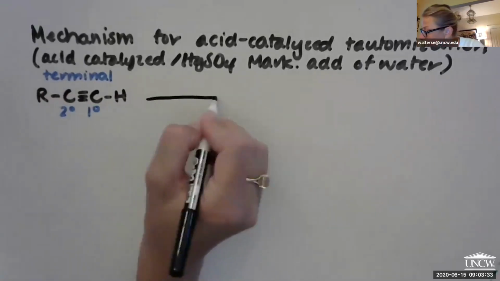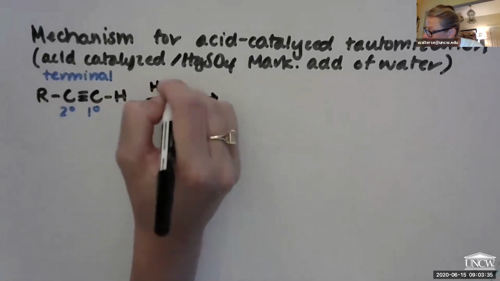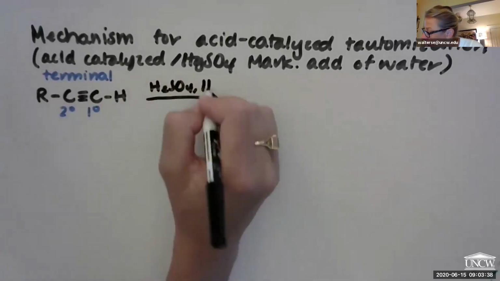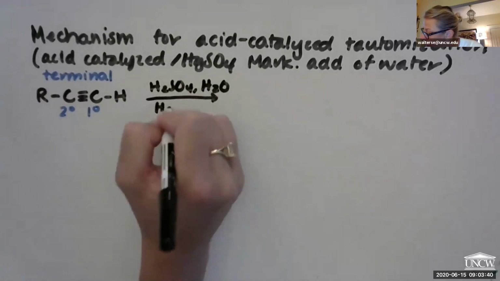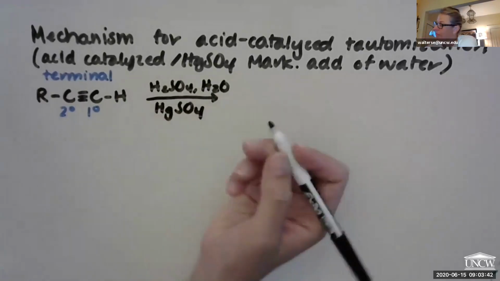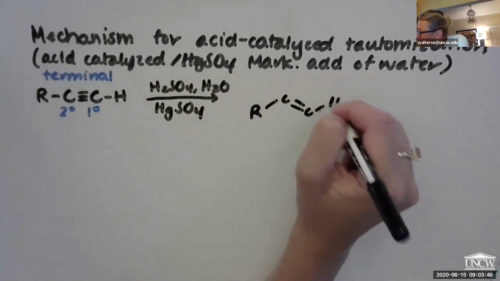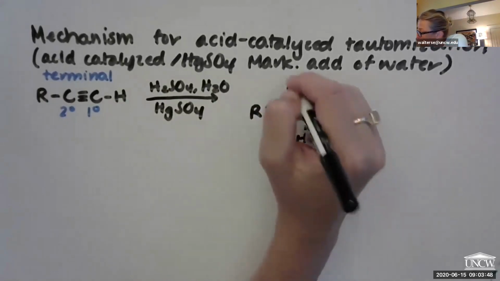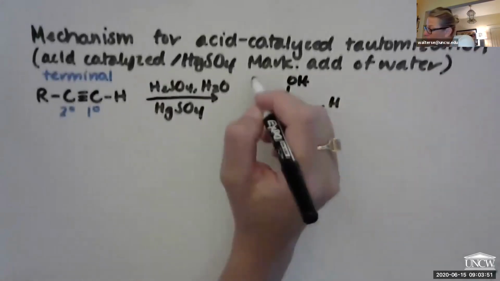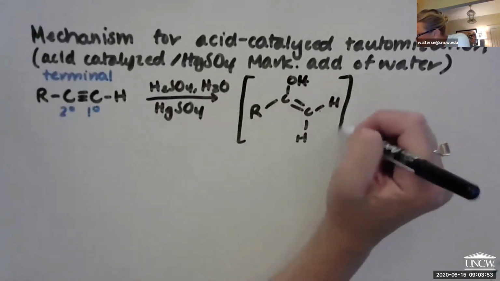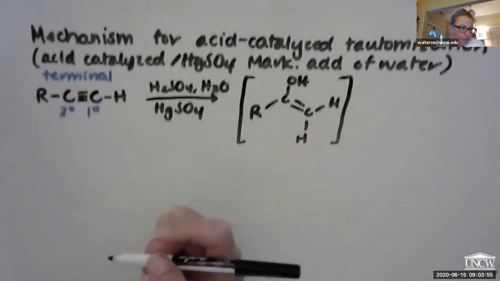And in the conditions of sulfuric acid and water with the mercury sulfate, you make your enol. Okay, and we're going to put it in square brackets because it doesn't last long.